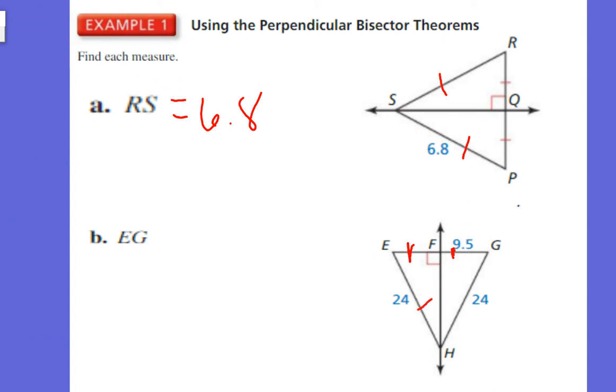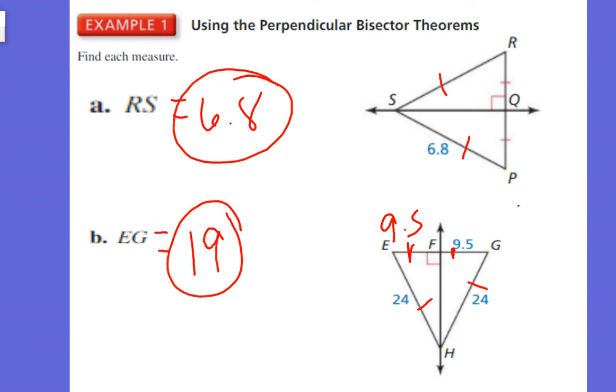Since 24 is congruent to 24, they are equidistant to the endpoints, thus making EF 9.5 as well. Well, if EF is 9.5, EG is 9.5 times 2, which gives us 19.